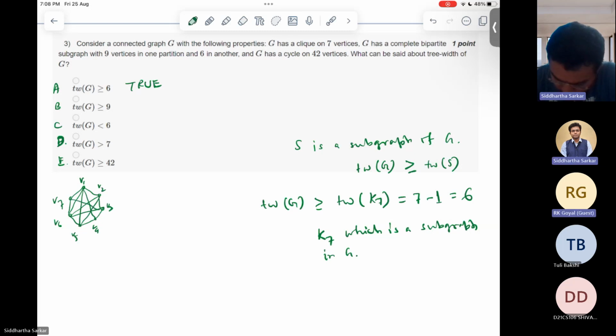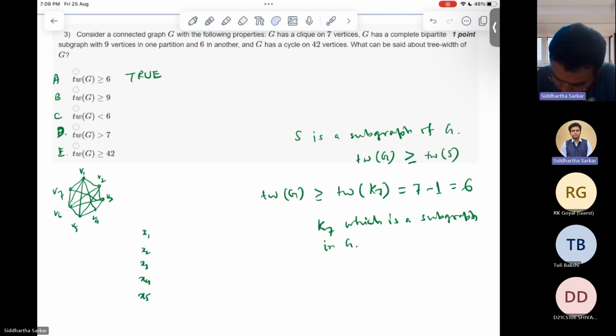All the other edges that I have not drawn are still there. Okay, so this is a K7. And then there is another part of the graph which has a complete bipartite subgraph with 9 vertices in one partition. Let us call them x1, x3, x4, x5.